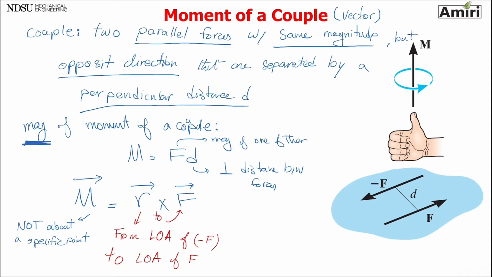That's the direction of your position vector. And again, it's from anywhere on the line of action. Anywhere on the line of action.